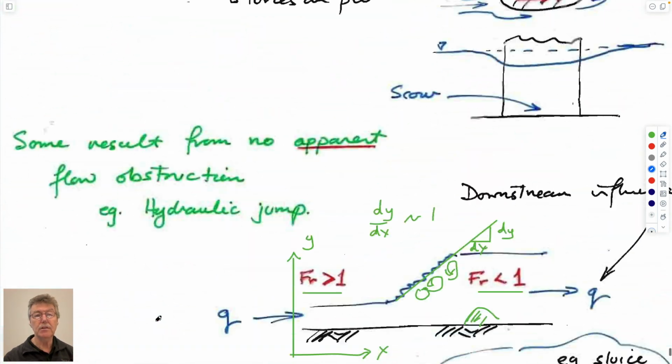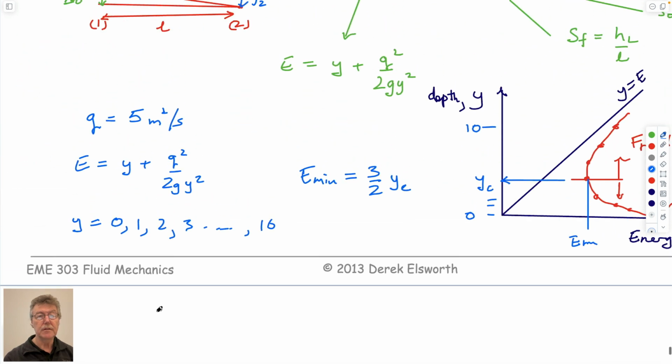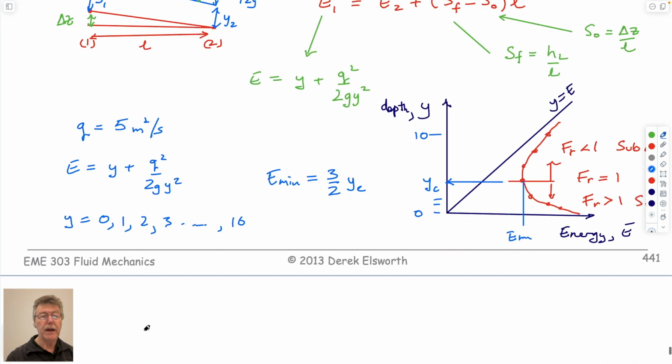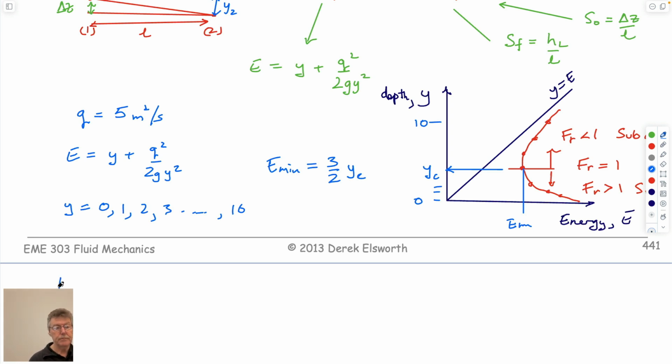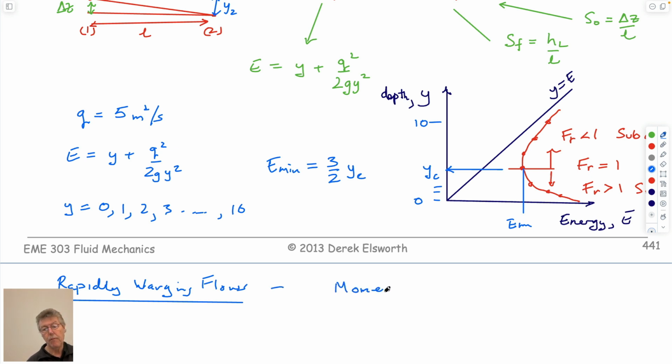So I don't know that we need to define it here, but for rapidly varying flows, I'm not sure what I need to write other than summarizing the fact that momentum is conserved, energy is conserved as well, but HL is unknown.